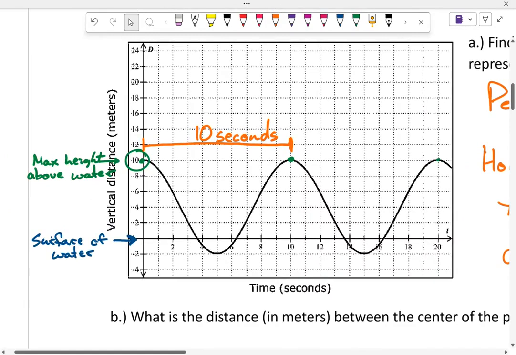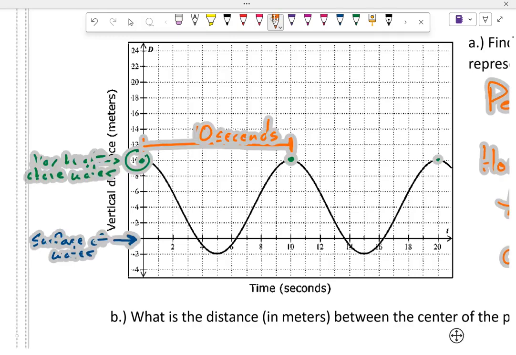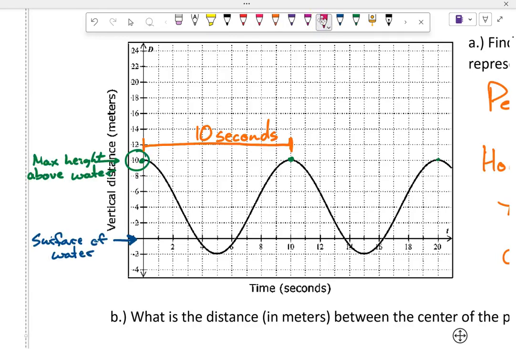If the center is the middle of the wheel, wouldn't that be the midline of my graph? So it is. Right here. And where is my midline? At 4. Here's my midline. So we mark our midline. And that midline is the center of the wheel.